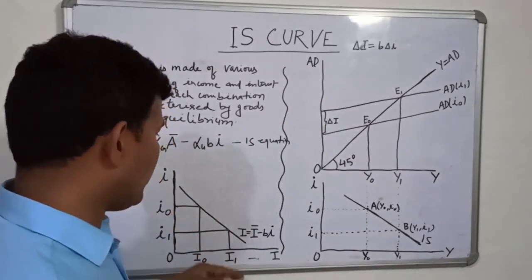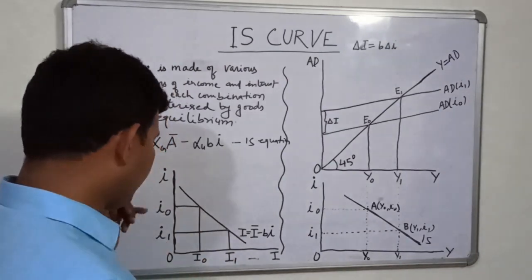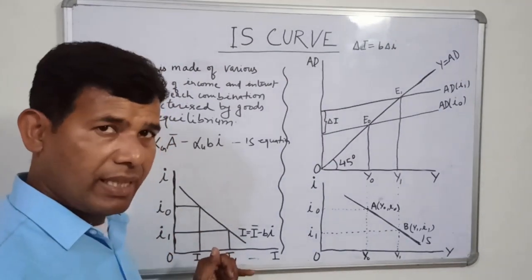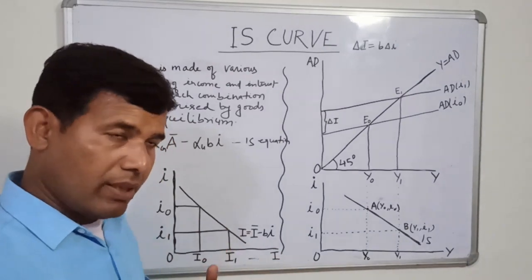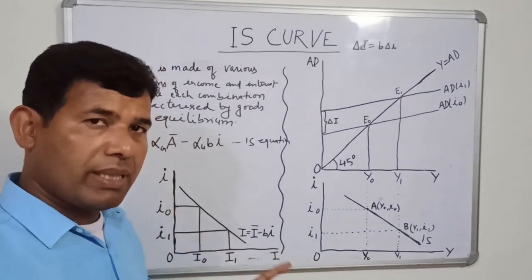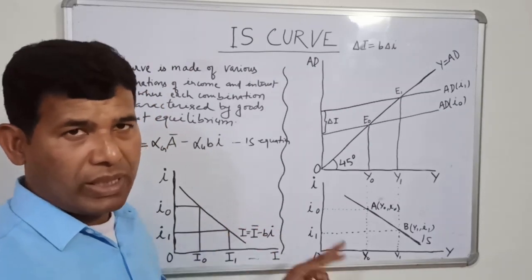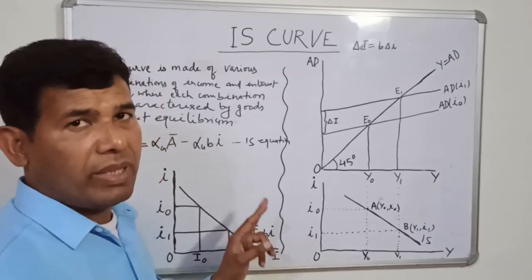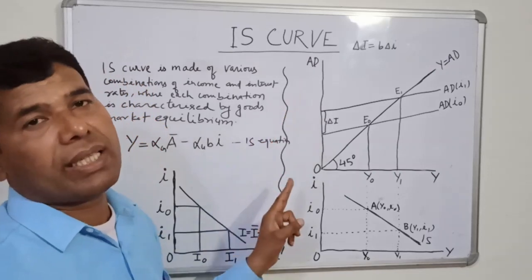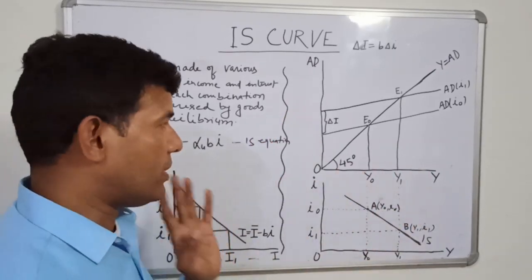So that is the relationship between interest rate and investment. Once we have understood it, we can easily relate the interest rate with the level of income, but then we have to route through goods market equilibrium conditions.